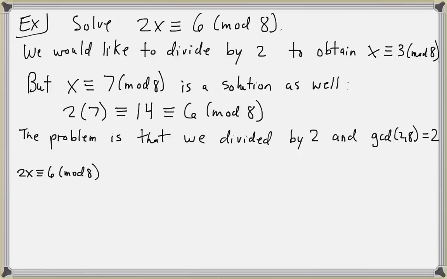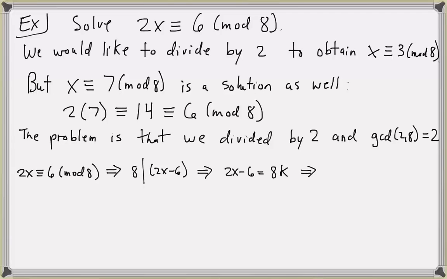then by definition of congruent, 8 divides 2x minus 6. That means that 2x minus 6 is equal to 8 times an integer k.